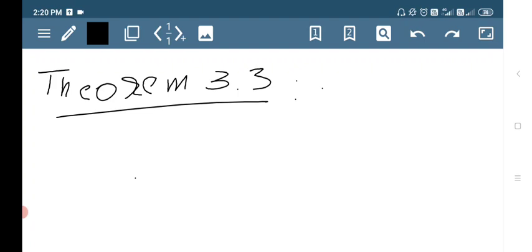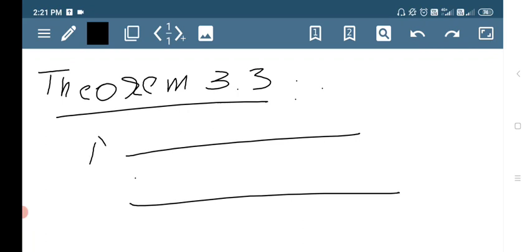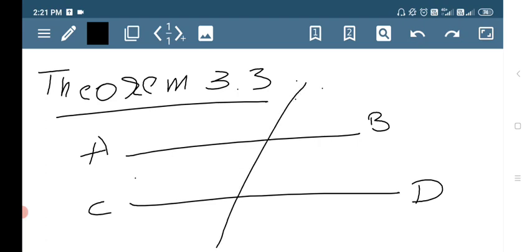If a transversal intersects two lines, so what is required? Two lines are required, that is AB and CD, and we need a transversal.